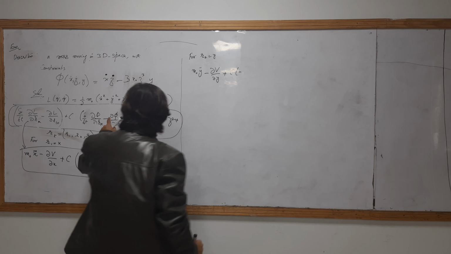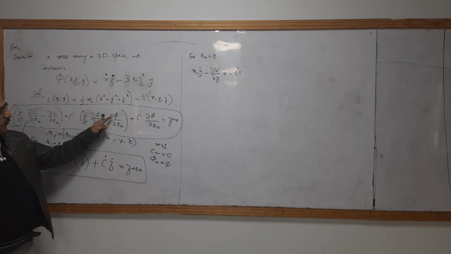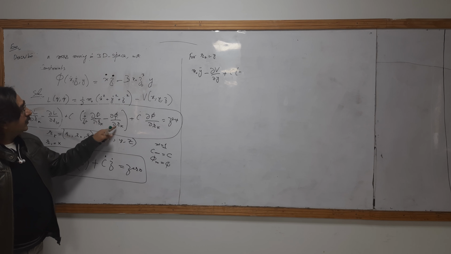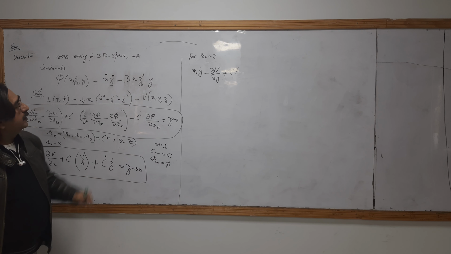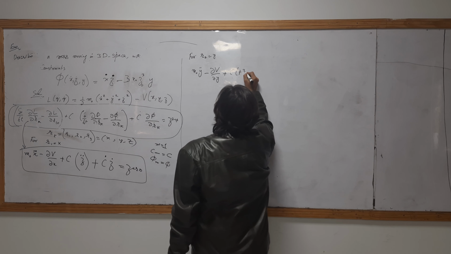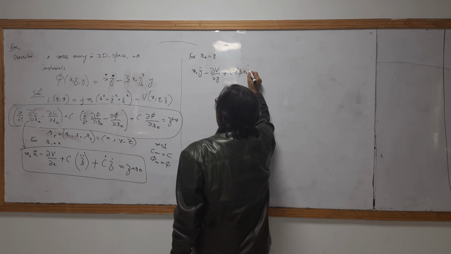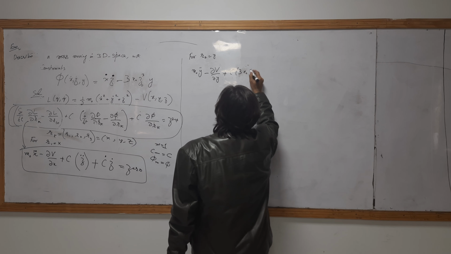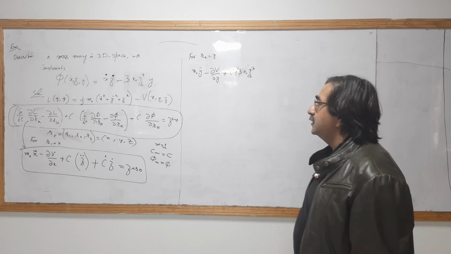Minus partial phi over partial y. This will be minus minus plus 3 x naught z naught, since the derivative of y is 1.